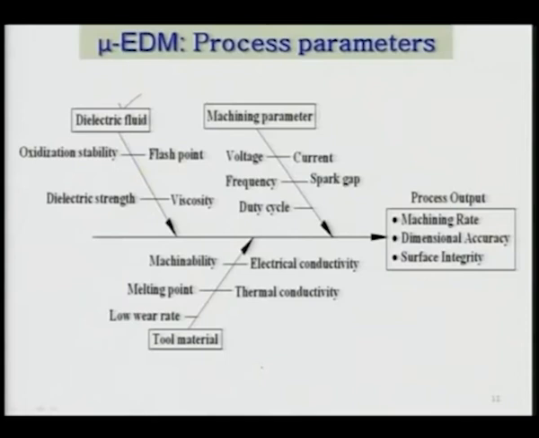Dielectric strength is there, which will decide the voltage required for breakdown of the dielectric, and the viscosity of the dielectric is also important because it determines the flowability of the dielectric. Especially in case of complicated shapes, the dielectric should flow into all inaccessible areas of fine fissures, so that sparking will take place over there and you get proper machining.